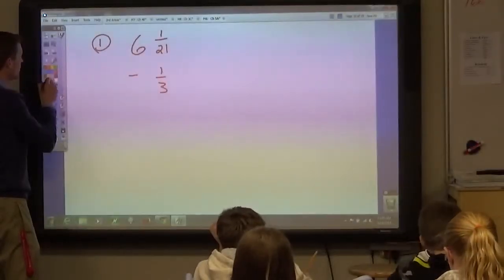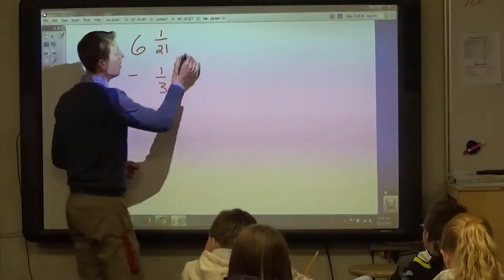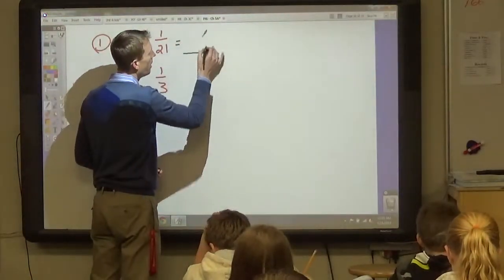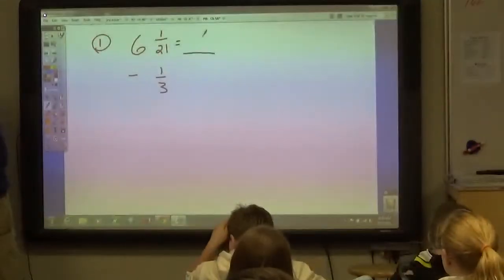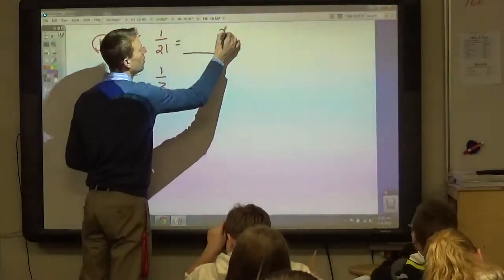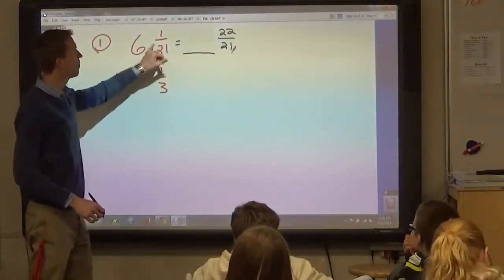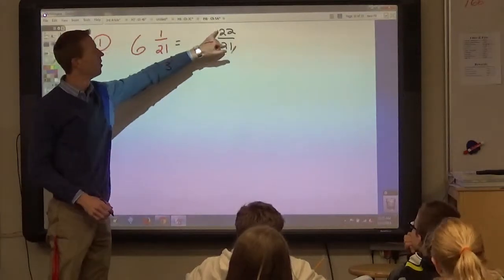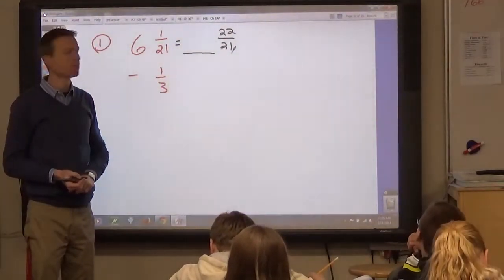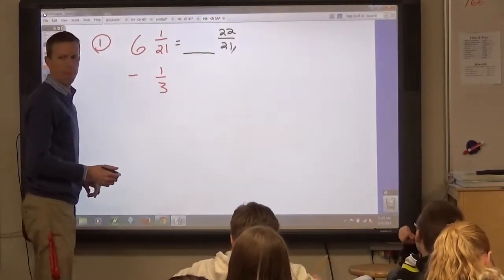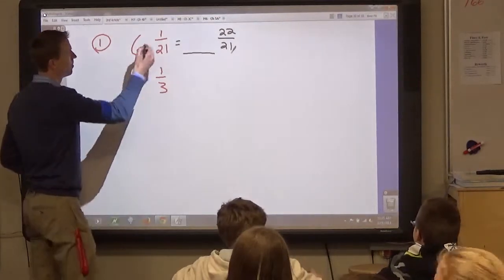Then it gives us some more numbers, and we're going to fill in the blank. It gives us a blank here for the whole number, and then 22/21. How did we get from 1/21 to 22/21? Sam? You take 21/21 from 6.